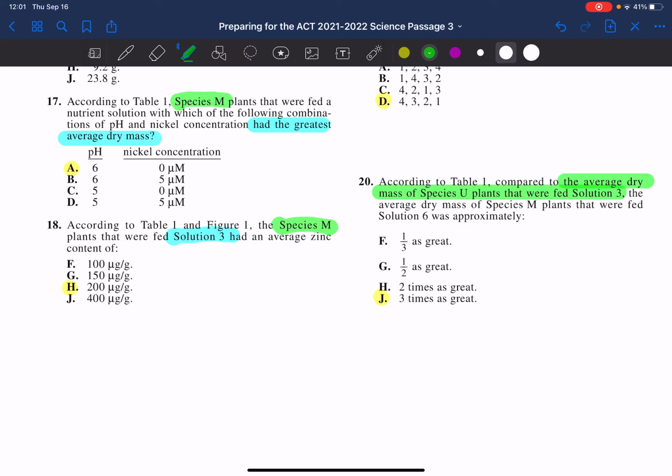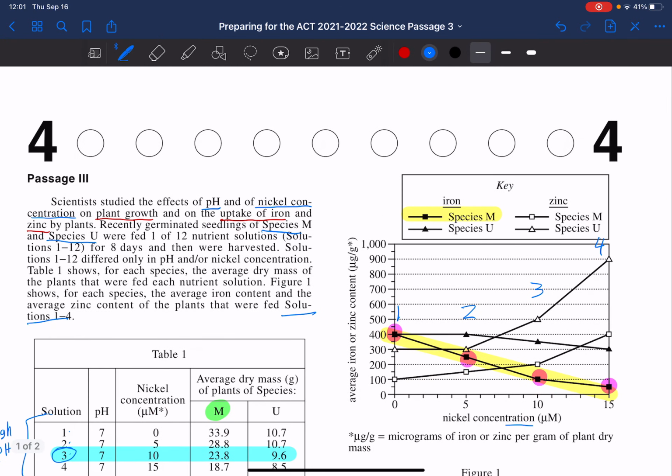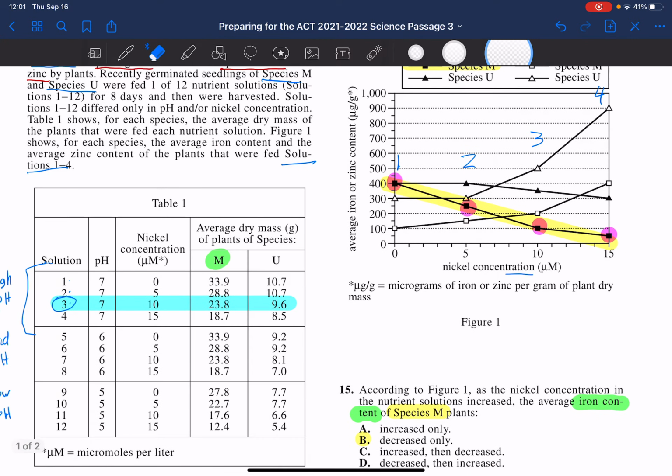So let's go back, and then we're comparing that to the average dry mass of species M plants that were fed solution 6. All right, so solution 3. Here we've got solution 3 right there, and then we've got solution 6 down here.